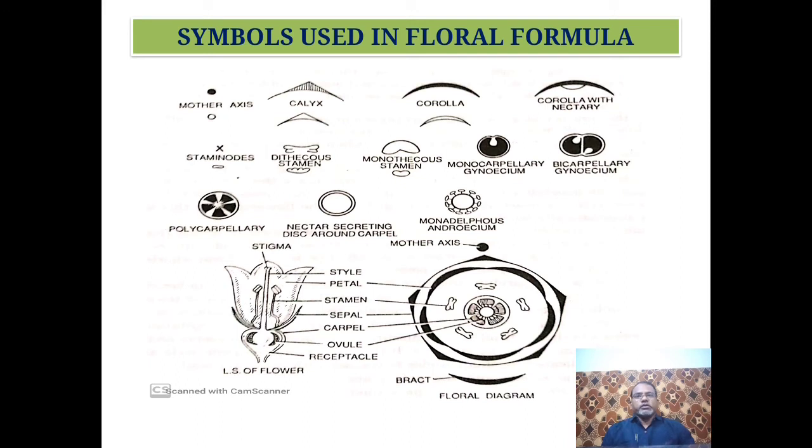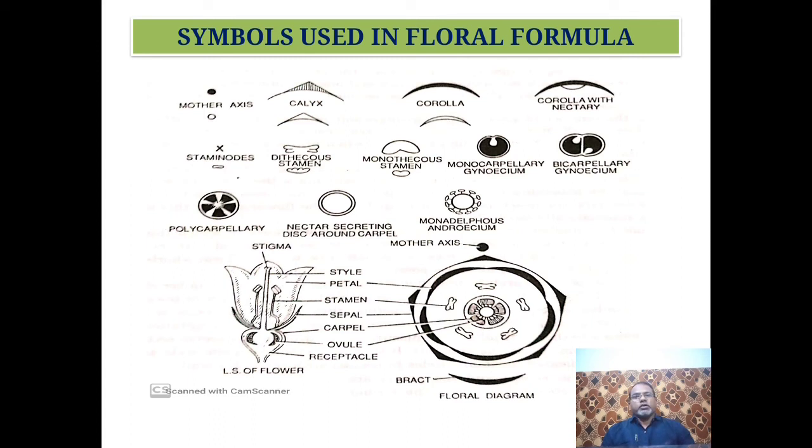A small circle with darkened inside, or with plus symbol, or a single vertical line represents mother axis. A curved line with acute angle represents calyx. Curved line represents corolla. Curved line with semilunar part, corolla with nectary.